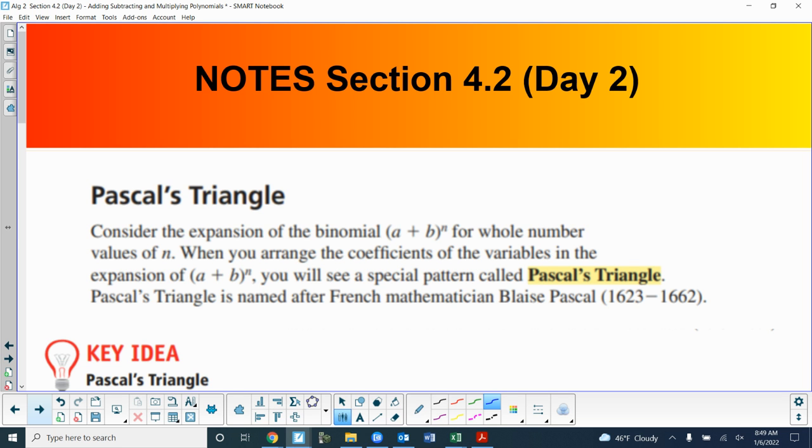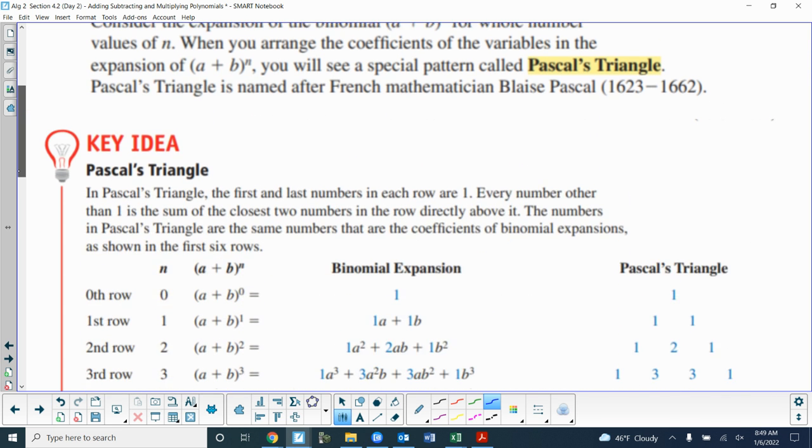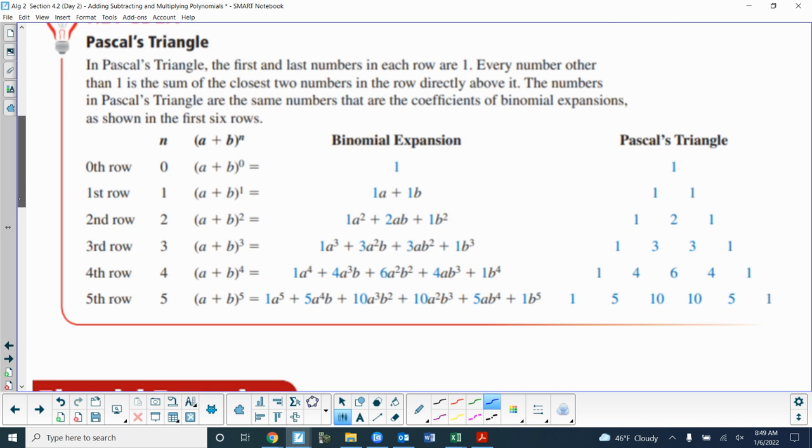It says when you raise the coefficients of the variables in the expansion of a plus b to the nth power, you will see a special pattern called Pascal's triangle. Pascal's triangle is named after French mathematician Blaise Pascal back in the 1600s. Okay. All right.